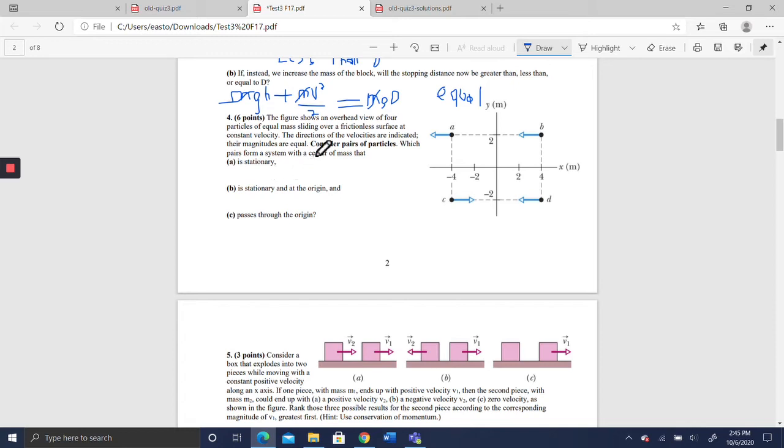So we have an overhead view of 4 particles. This one you likely had in the homework. But to reiterate, the first one, they want to know the center of mass. So you pretty much want your 2 particles to keep the same midpoint between them. Let's start with A and C. They have a point here.